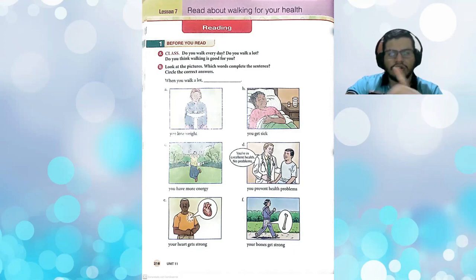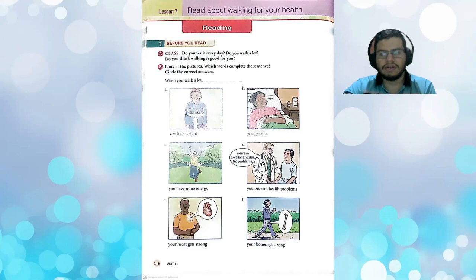You get sick? No, right? You have money or you have more energy. This is not money. This is more energy. Yes. You prevent health problems. Yes. Your heart gets strong. Of course. Your bones get strong. Of course. That's okay.